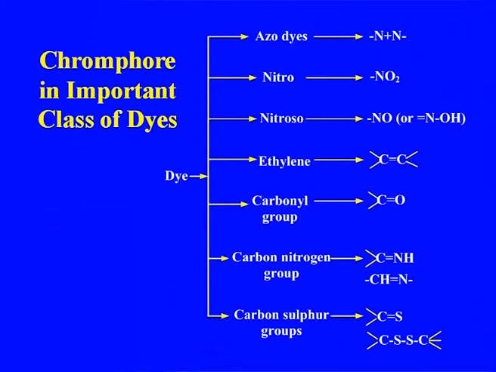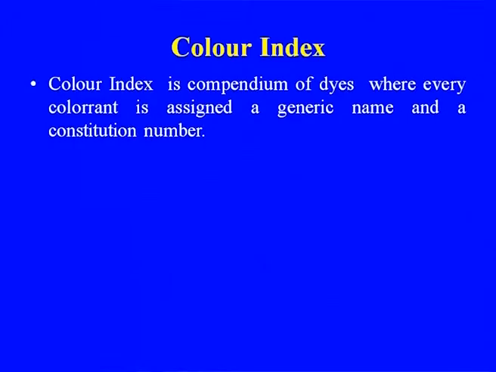These are the different chromophores in the important dyes: the azo dyes, nitro dyes, and the groups available are nitroso, ethylene, carbonyl group, carbon nitrogen group, and carbon sulfur group. So this is about the various chromophores in the important dyes, and based on this you get another classification that is based on the color index.